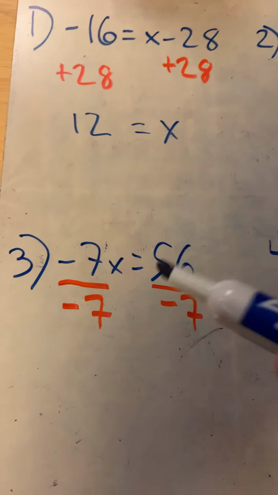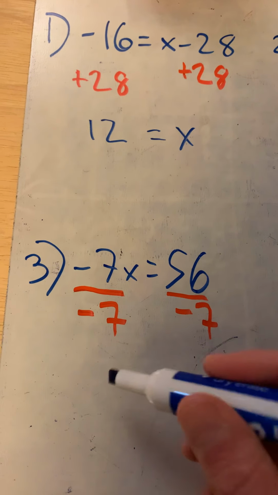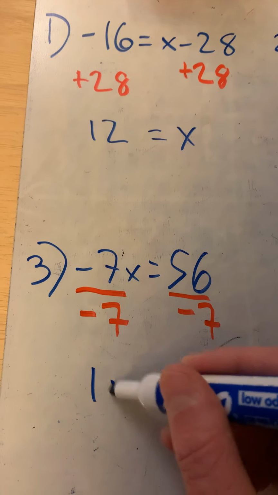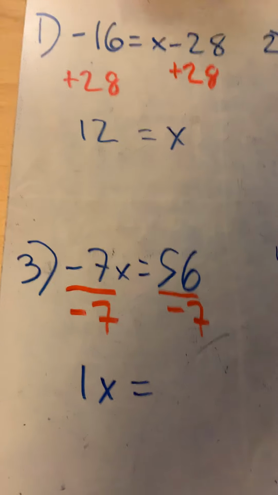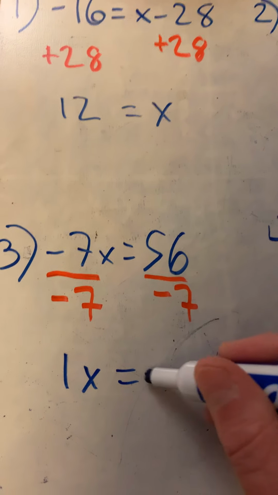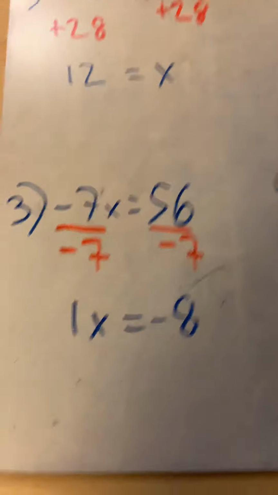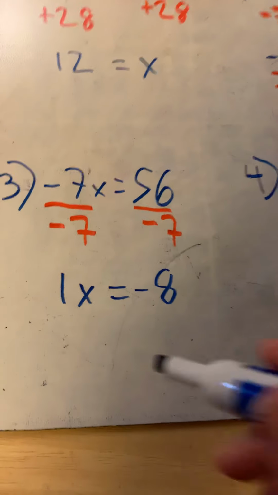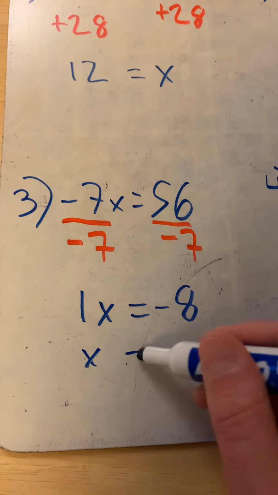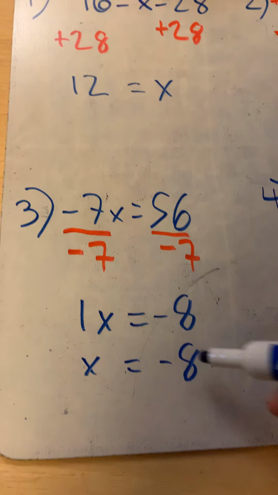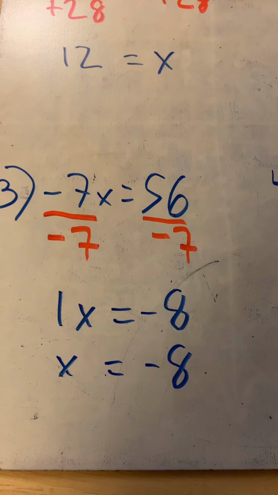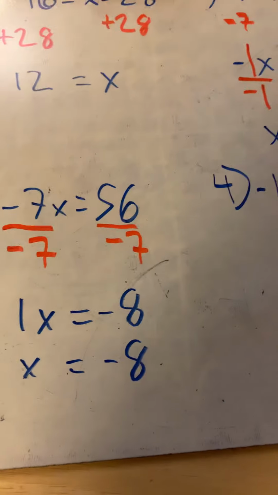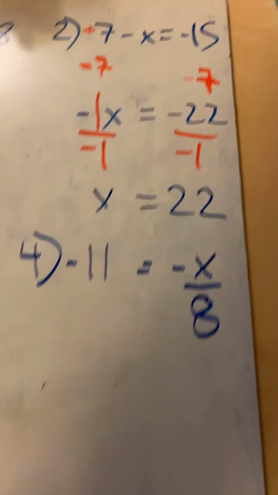Let's see what's left. Negative 7 divided by negative 7 equals positive 1, x. And 56 divided by negative 7 is negative 8. That's exactly what I want to get. You can leave it like that, or you can just remember that 1x is the same as x. So x equals negative 8. Done.